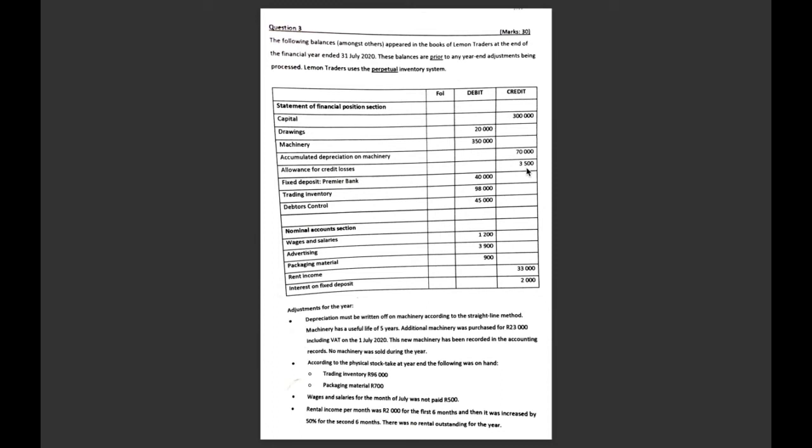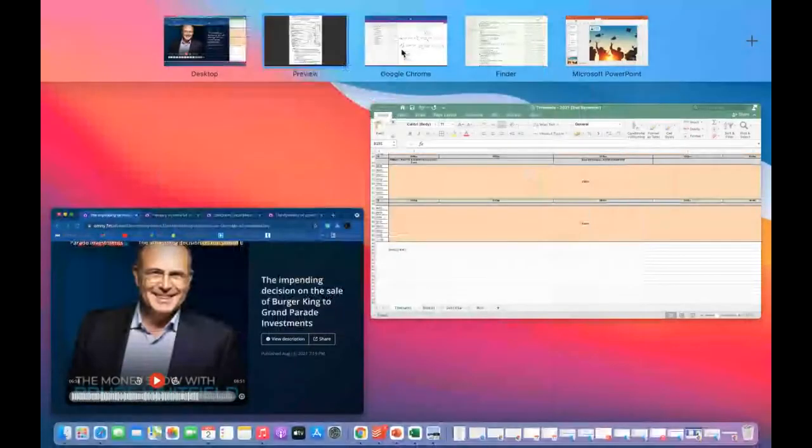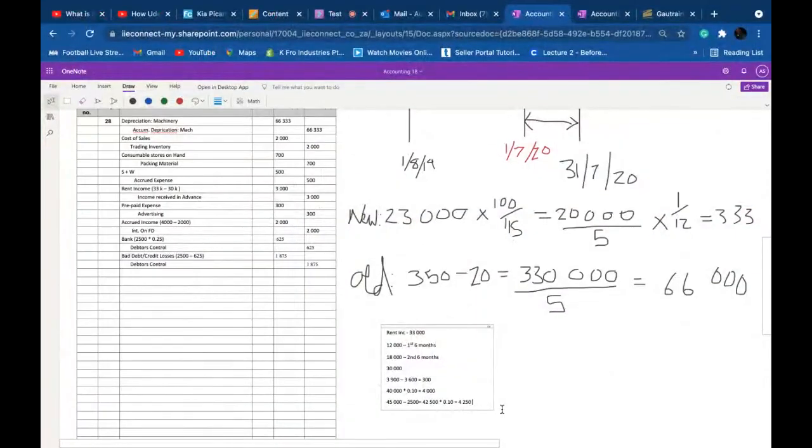So if we're increasing it from 3,500 to 4,250, what are we doing to allowance for credit losses? Are we debiting or are we crediting that? The difference between 4,250 and 3,500 is obviously 750.